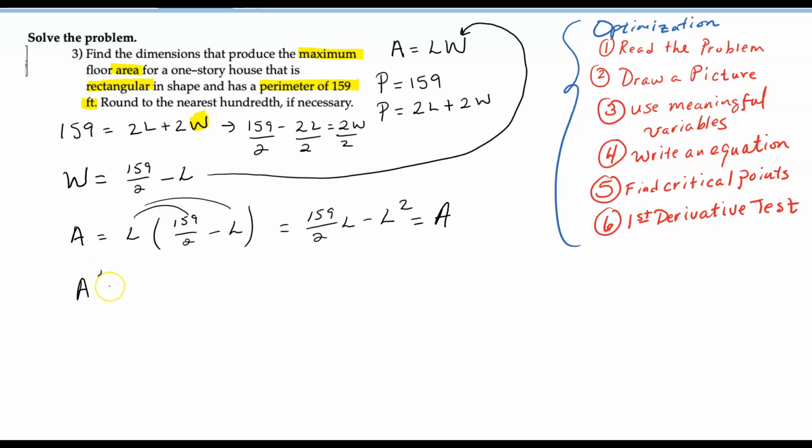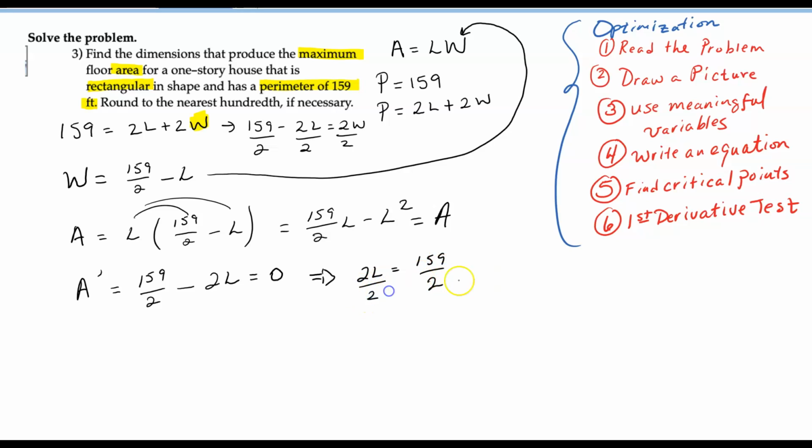And I take the derivative. 159 over 2L just becomes 159 over 2, minus the derivative of L squared, which is 2L. Okay. Now what I do is I set this equal to 0. And once I've done that, I get something that looks like this. In this case, 2L equals 159 over 2.